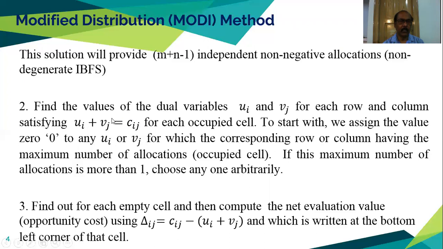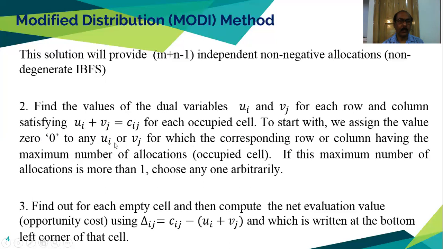And these ui and vj we first calculate with the help of the allocated cells, for each occupied cell. To start with, we assign the value 0 to any ui or vj for which the corresponding row or column has the maximum number of allocations or occupied cells.